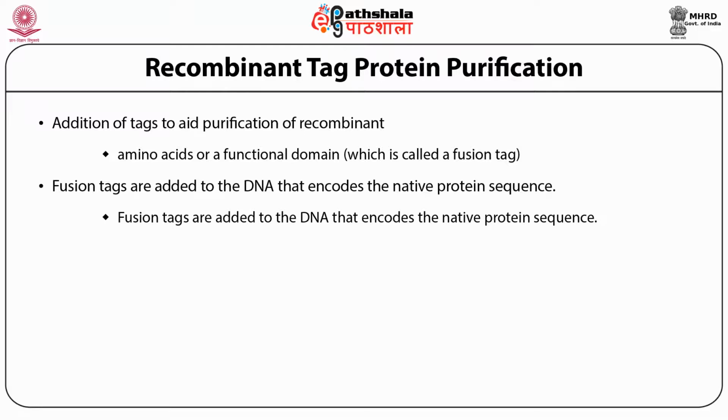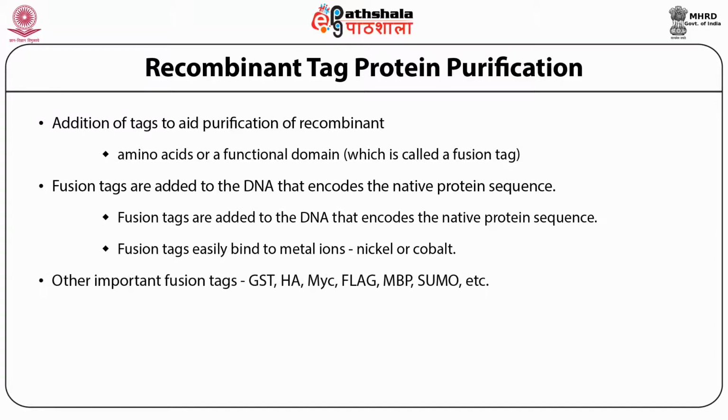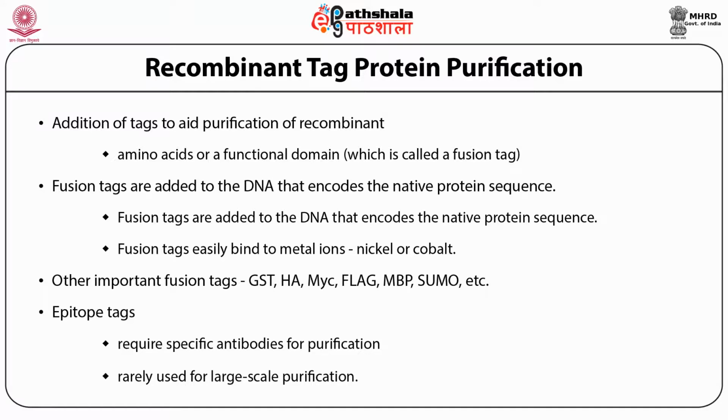It can either be a short string of 6 histidine residues or 9, that is polyHis tag. These tags easily bind to metal ions like cobalt, nickel, etc. Other important fusion tags are GST, HA, FLAG, MBP, SUMO, etc. Unlike histidine and GST tags, epitope tags require specific antibodies for purification and are rarely used for purification at large scale.